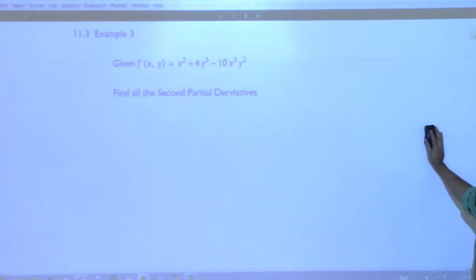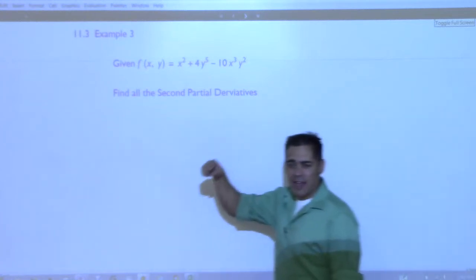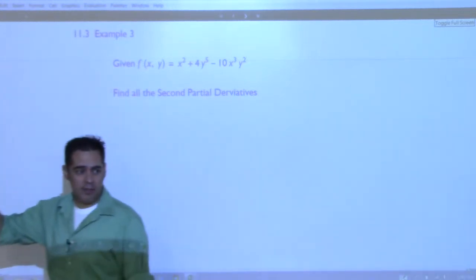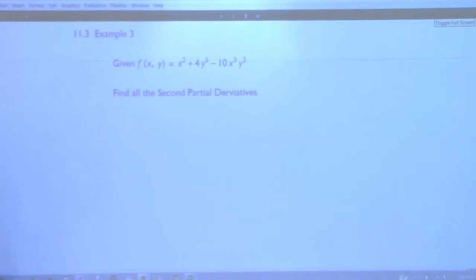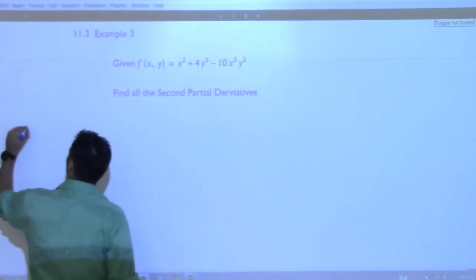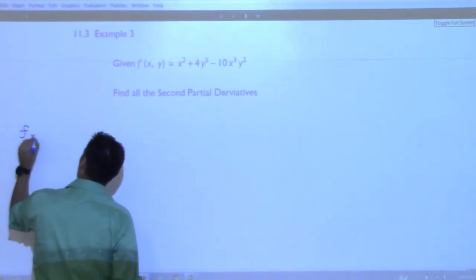Let's do an example. Find all second partials. So there's only 4 second partials we can have: xx, yy, xy, yx. Those are the only 4. So let's first find the partial of f with respect to x.